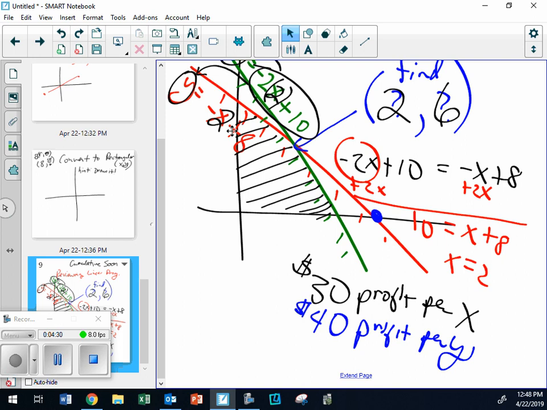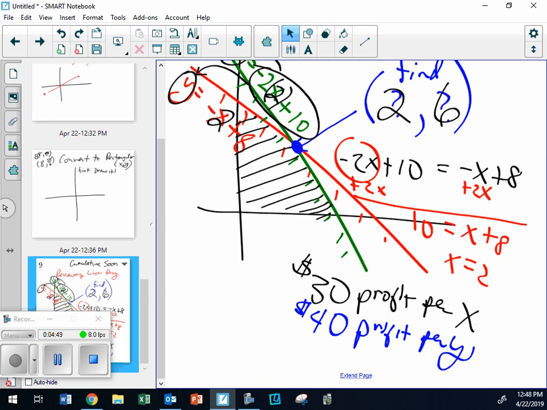I get people grab this spot and they're like, ooh, that's a really big number, so I'm going to put that in a whole bunch of x's, and I put it into the profit, and I get an answer that's big, and it's not the right answer. You can only pick this, this, or this.